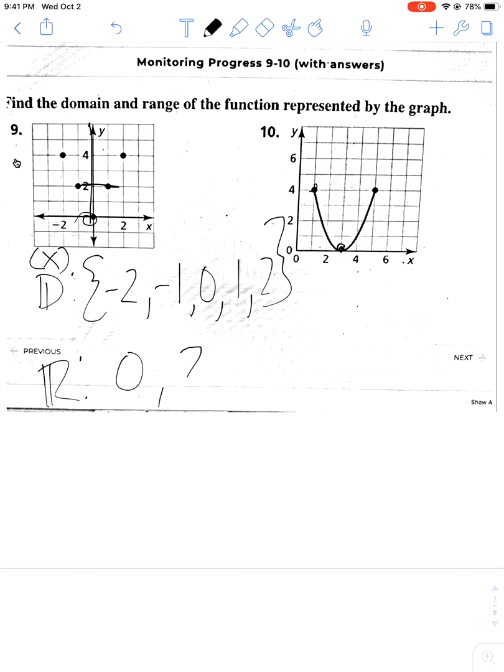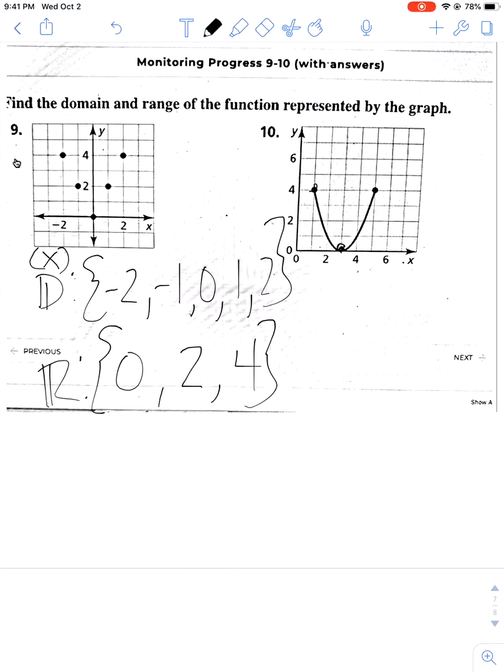So I'm just going to write a single 2. I know that there's 2 points, but remember, we don't write repeats. And again, same thing happens at 4. I've got 2 points there at 4, but I don't do any repeats. So I just write it as a single 4. And since these are dots, we go ahead and we write the braces.